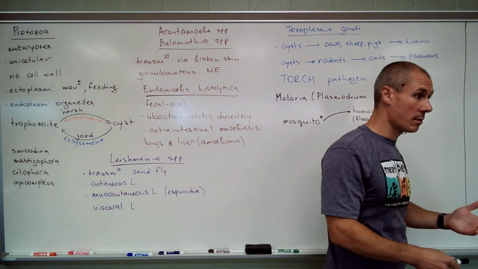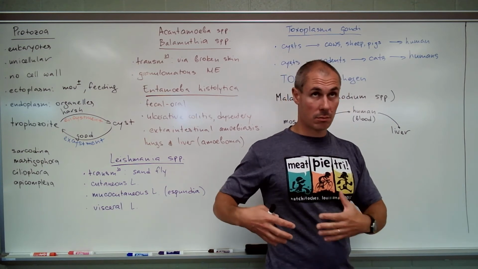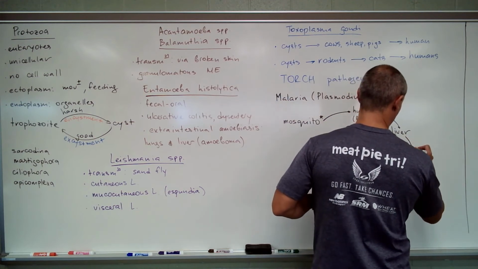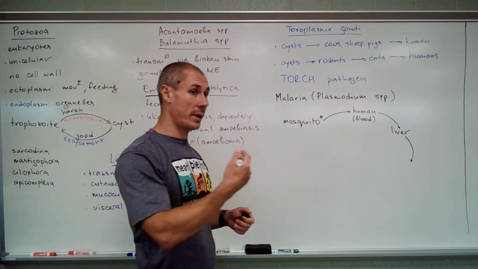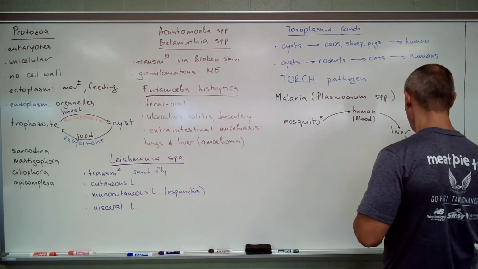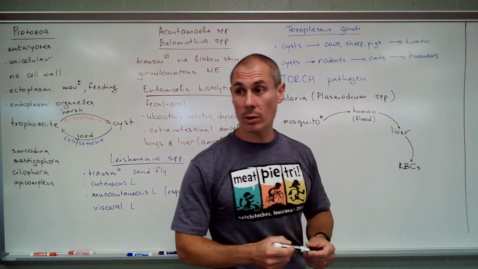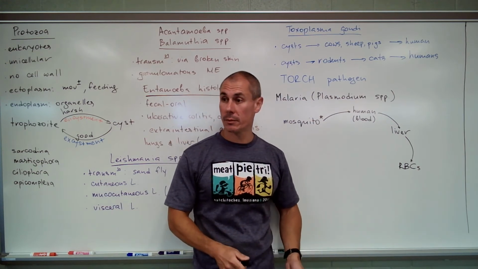So what happens? Plasmodium replicates in the liver, which by the way results in hepatomegaly, and releases more and more individual parasitic cells, parasitic plasmodia, which will infect red blood cells. They have a penchant for red blood cells because red blood cells contain hemoglobin, a protein source.